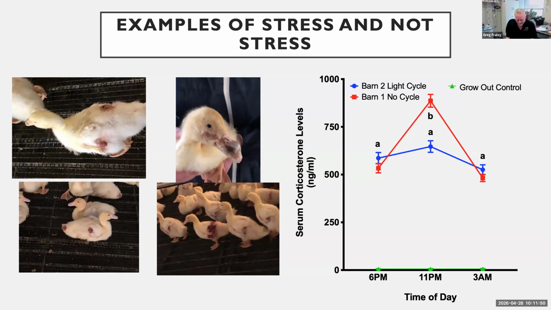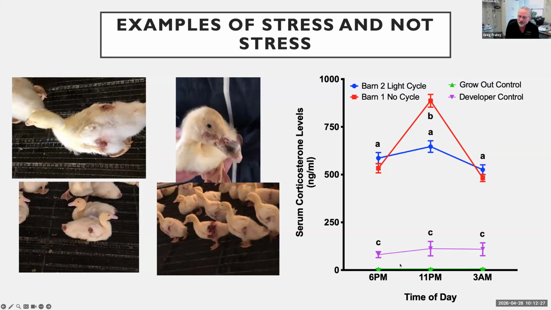And just because this is the way my brain works, I wanted to go to a different type of duck barn. These are developers. Developer ducks are young ducks that are being grown to become breeders. It's the exact same genetics, exact same strain. The only difference is how they're raised, and we measured them at the exact same times. Again, by all outward appearances, a very happy, wonderful group of birds.